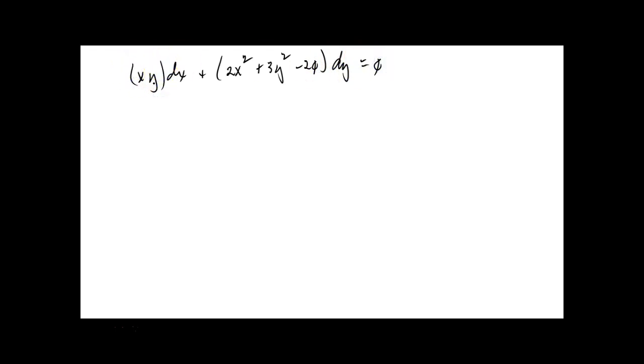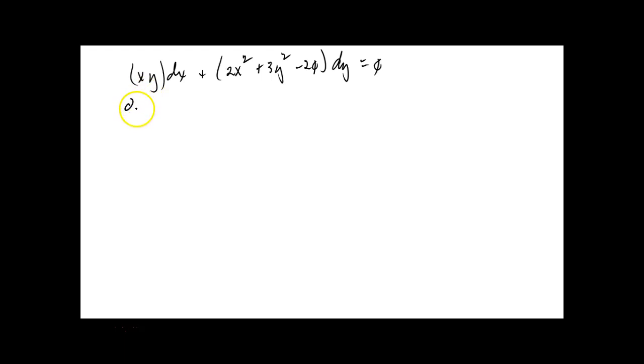Now that certainly looks as if it's in differential form, right? So the question is, is that an exact differential? Real easy to test, isn't it? How would you do that?